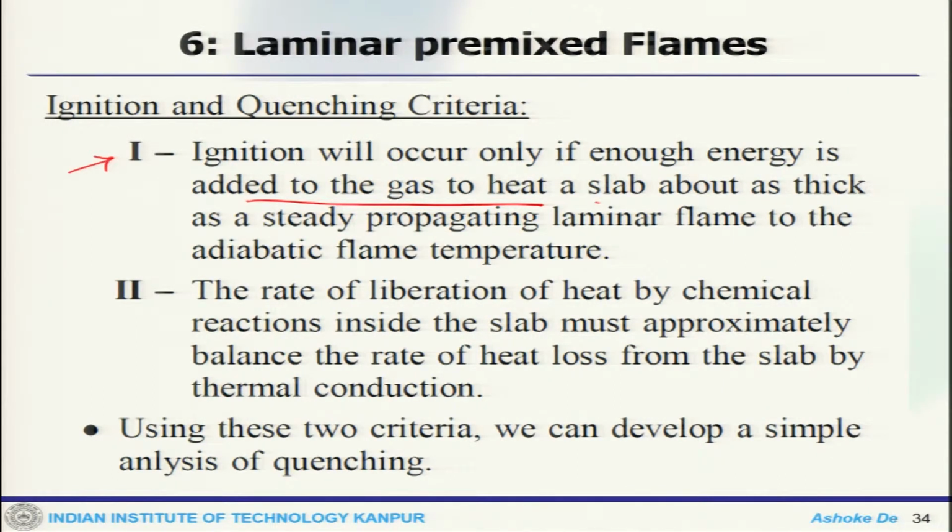The second criterion says that the rate of liberation of heat by the chemical reaction inside the slab must approximately balance the rate of heat loss from the slab by thermal conduction. If this is a slab, whatever heat is generated here, the heat rejection through there should also balance out. So now you can use these criteria and develop a simplified model for quenching.